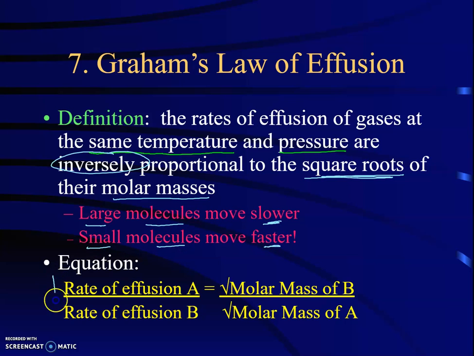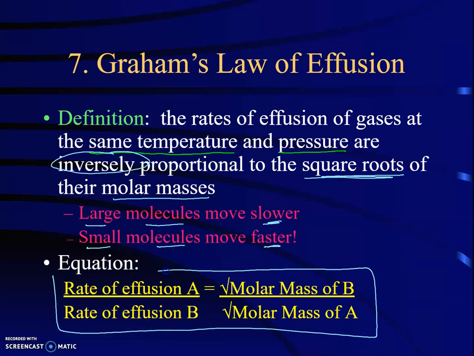So the equation that we use looks just like this. You are going to arbitrarily assign one of the gases to be gas A and the other one to be gas B. Usually the first one in the problem is A and the second one is B. So you are comparing the rate of effusion of gas A to the rate of effusion of gas B. What you'll see is that that's equal to the square root of the molar mass of B over A, because this is inversely proportional.